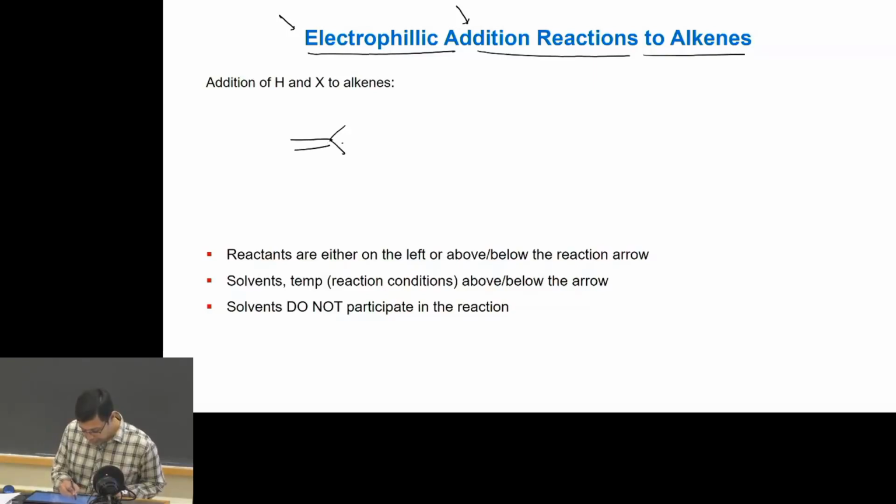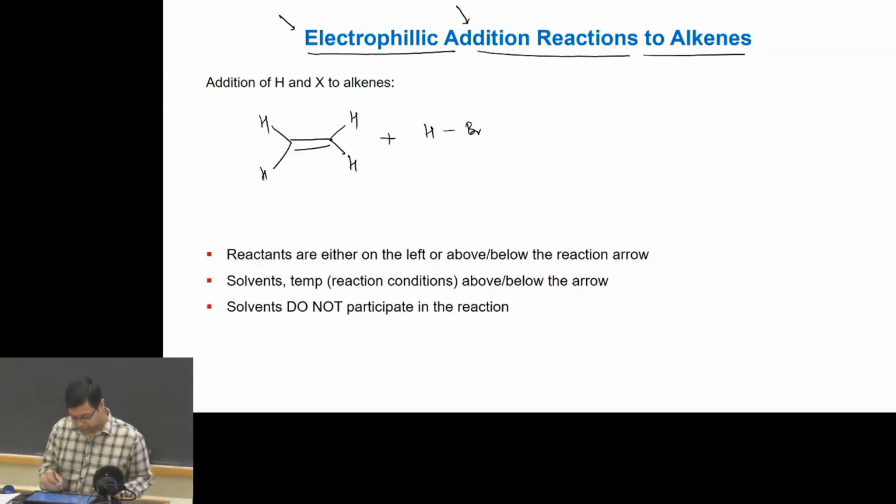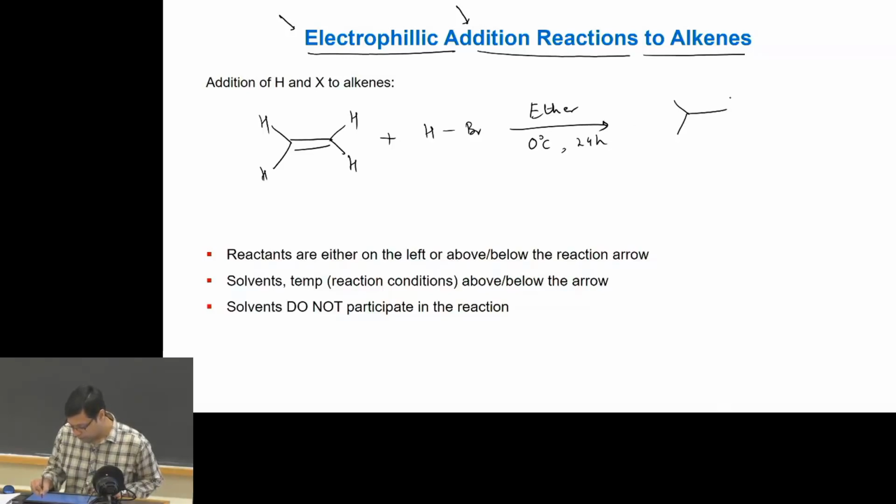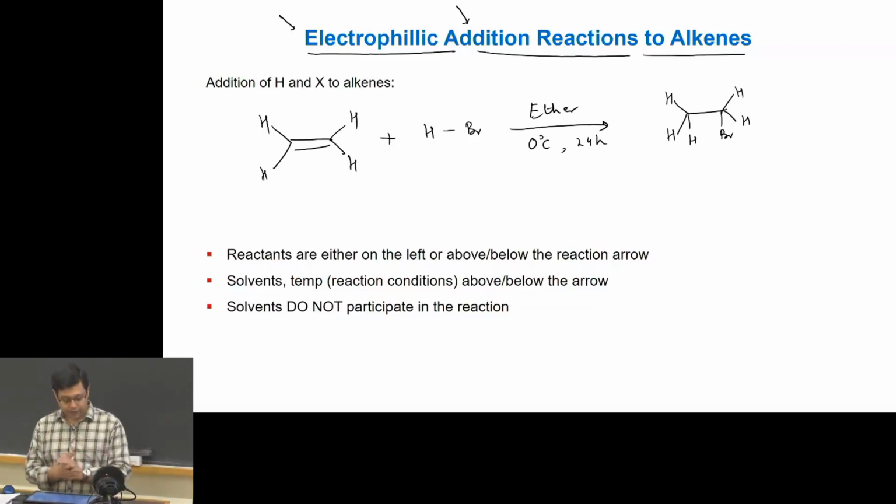Let's say I have this reaction. Now, anytime you're looking at a reaction, usually reactants are written on the left side of the arrow.